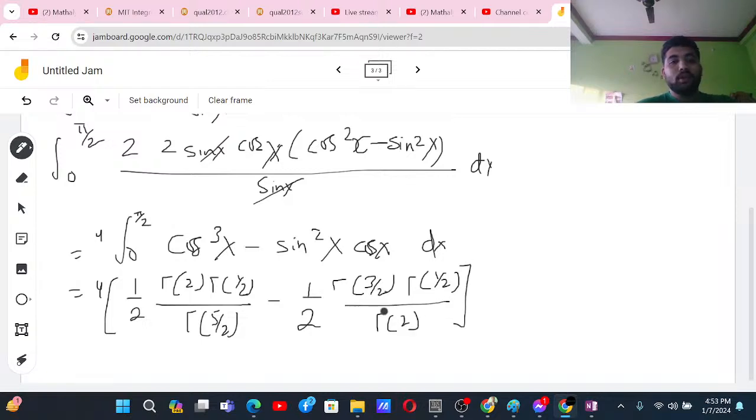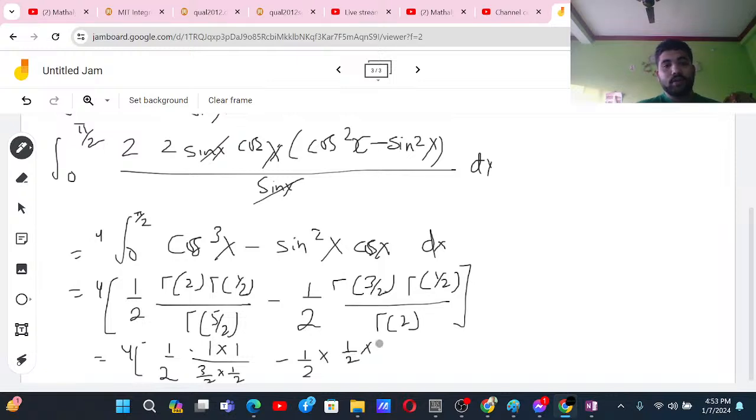Now that gives us the answer. Gamma 2 is 1, and over here we will have 3 by 2 into 1 by 2.